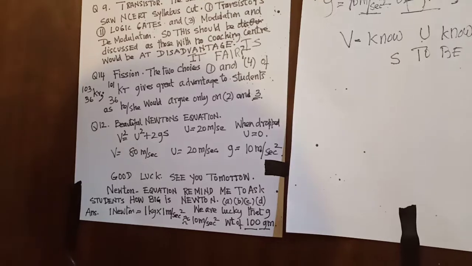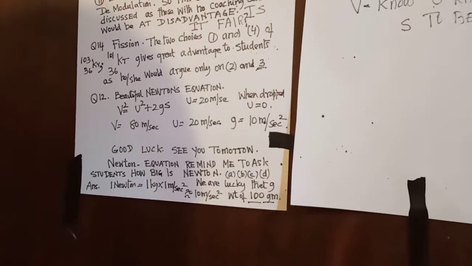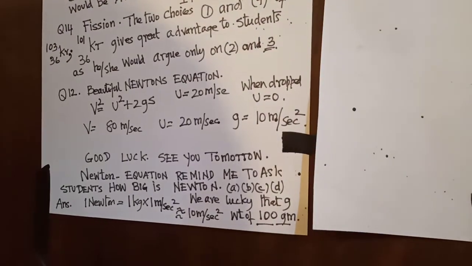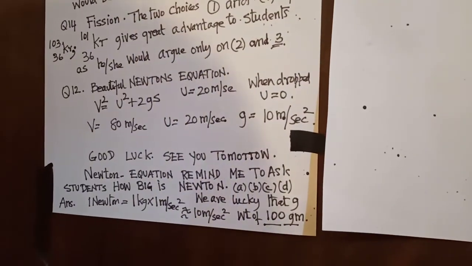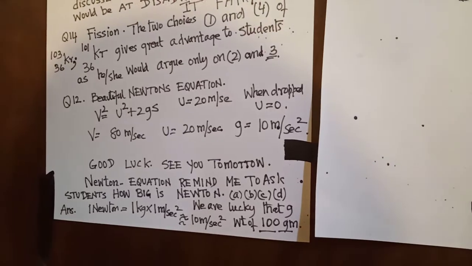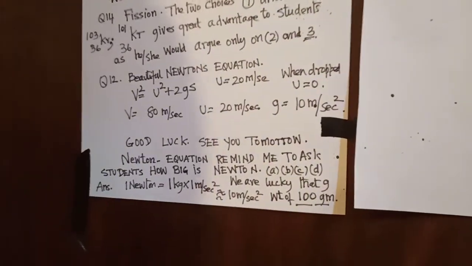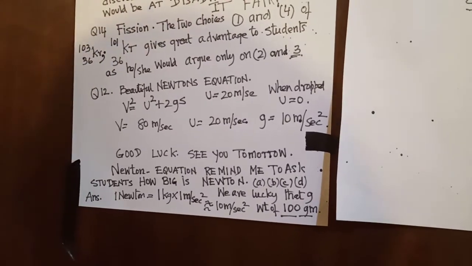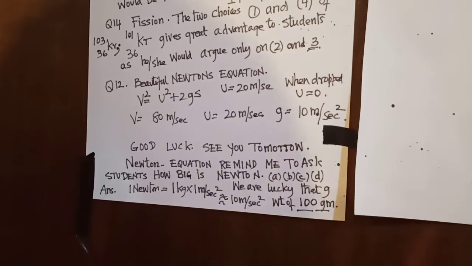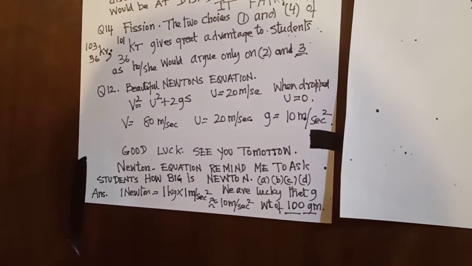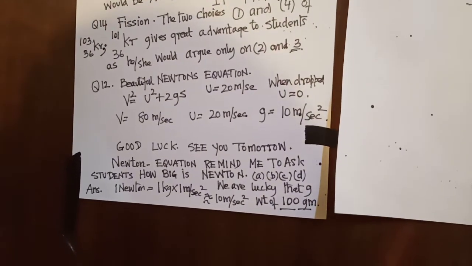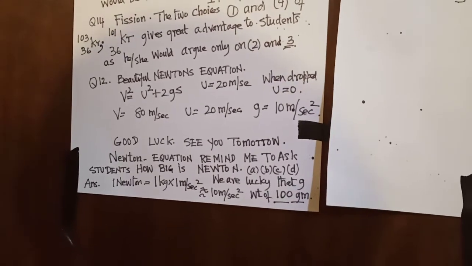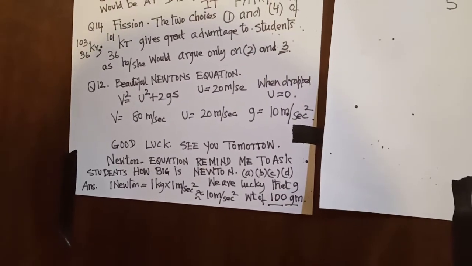Question 12 is a beautiful Newton's equation. You have to remember what you did in your class 9 and 10. The final velocity squared is equal to the initial velocity squared plus twice gs, where s is the distance, g is acceleration due to gravity, u is the initial and v is the final velocity.